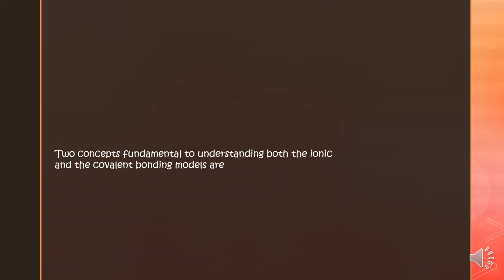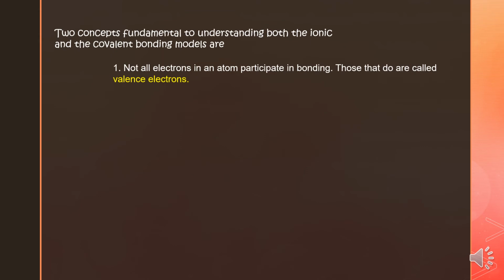Okay, so let's look at the first concept, in which not all electrons in an atom participate in bonding. Those that do are called valence electrons. There are certain electrons, called valence electrons, that are particularly important in determining the bonding characteristics of a given atom.